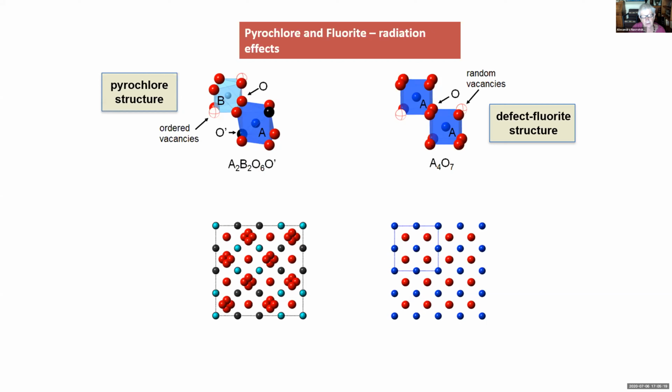And again, the distortion and the degree of ordering are the major parameters. If we talk about ordering, ordering is a phenomenon which makes the energy of the material more exothermic, but the price to pay is a loss of configurational entropy. So, as even the last talk alluded to, it's a balance.